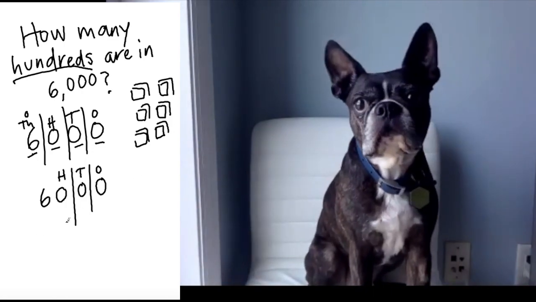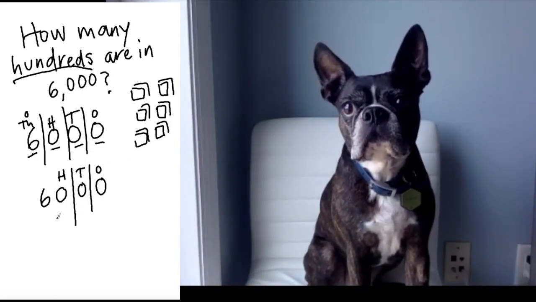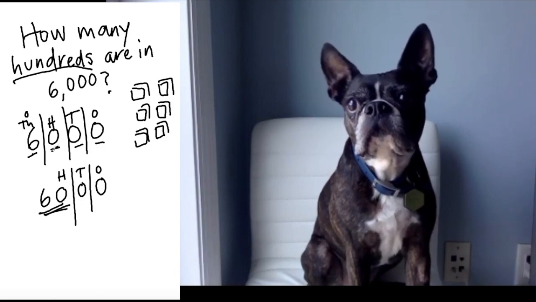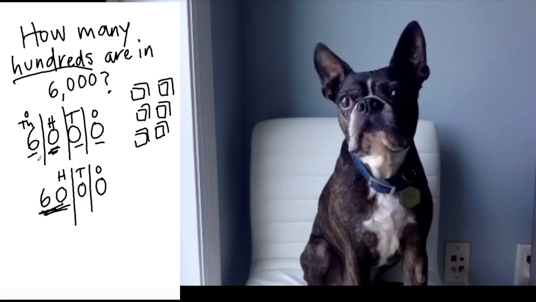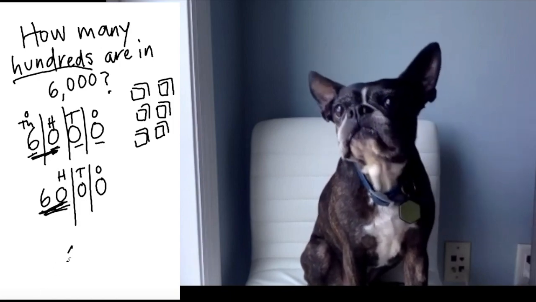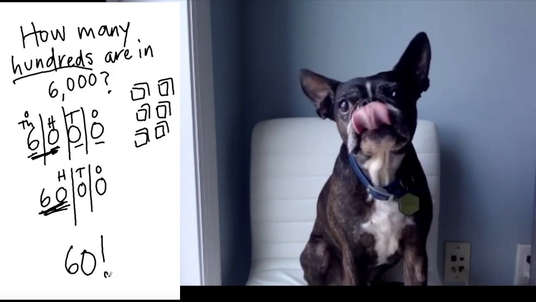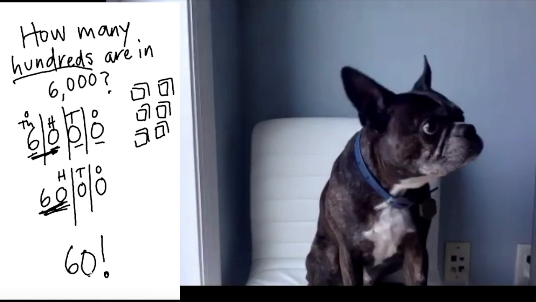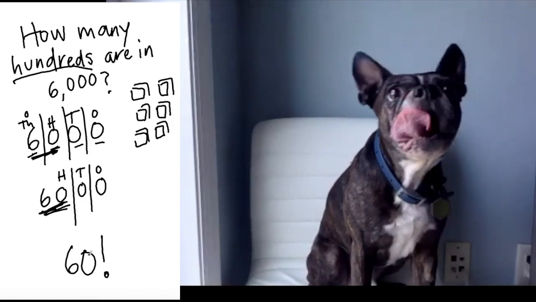It's always good to draw a model with our numbers. So there we have it. I don't just look in the hundreds place. I look in the thousands and the hundreds place. How many hundreds are in 6,000? 60 hundreds. Well, thanks, Bruno.